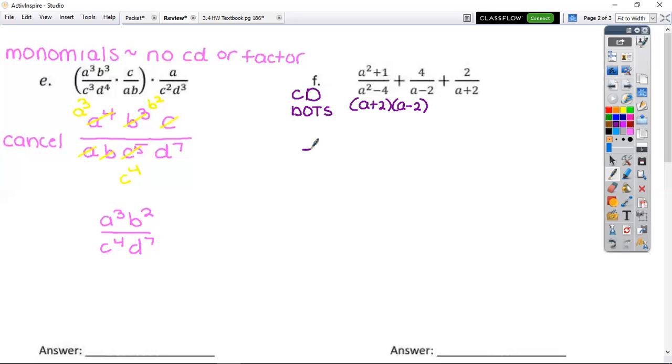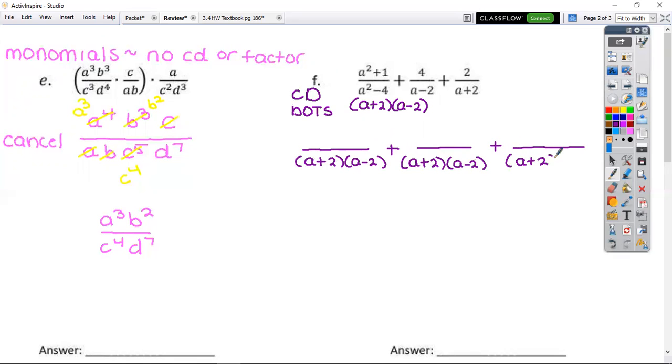So my denominators are going to be a plus 2, a minus 2, and then another a plus 2, a minus 2, and then another a plus 2, a minus 2.